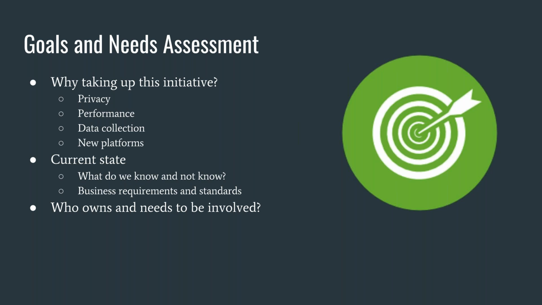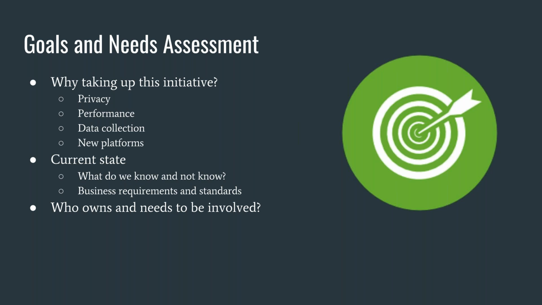Again, that's going to dictate what information we're looking at and what we're architecting. Is the initiative more data collection centered? Is it for a new analytics platform implementation? Is it for a new tag management system? We need to migrate different tags, so we need to standardize the structure for data collection.